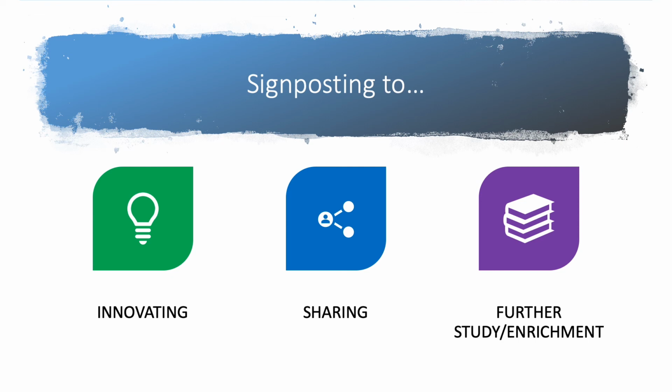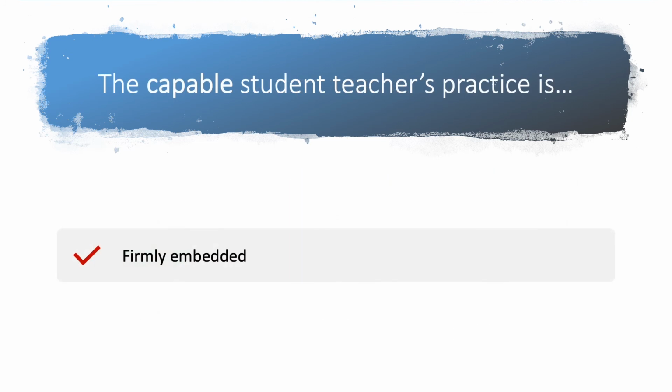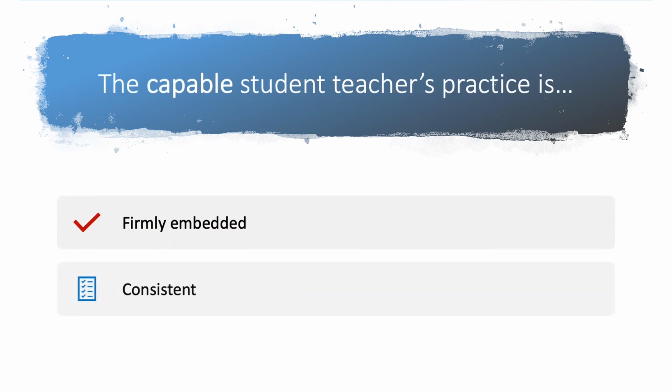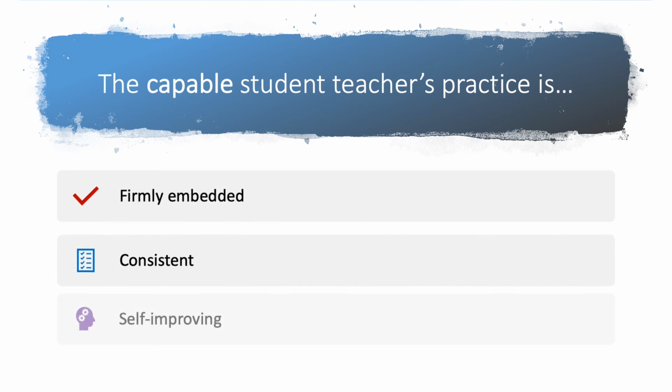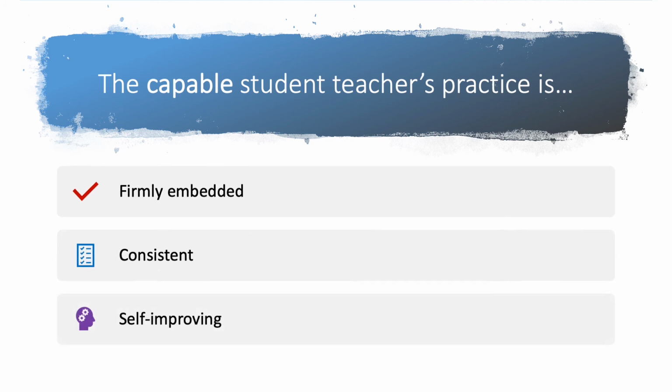So that's a student teacher who is at the capable stage, so their work is firmly embedded, consistent, and they're independent and self-improving. And just a taste there of the idea of QTS Plus as really being a door opening, and the student teacher being allowed to fly off and look beyond the narrow walls of their classroom to maybe look at influencing the school or the wider community or fellow student teachers, for other people to be able to learn from them.